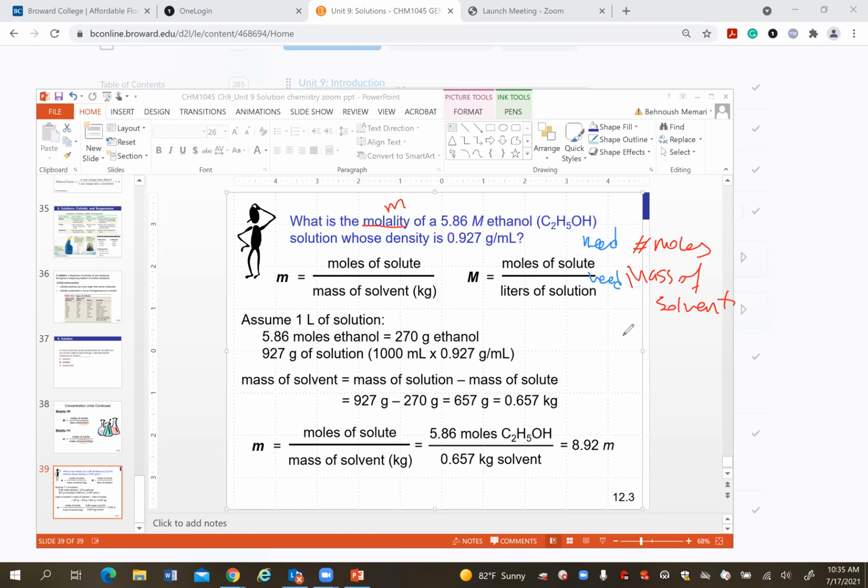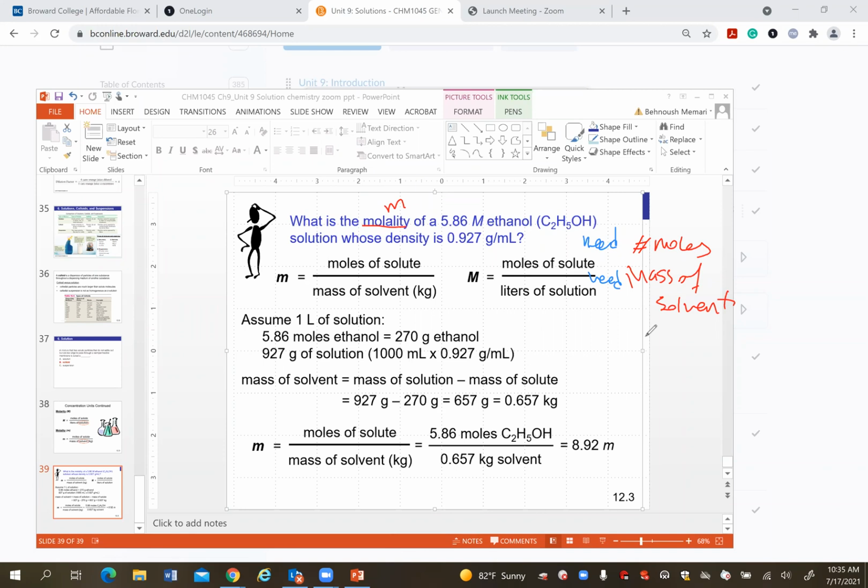How do you find the number of moles? Volume times molarity. Very good. Molarity times volume gives you the number of moles.